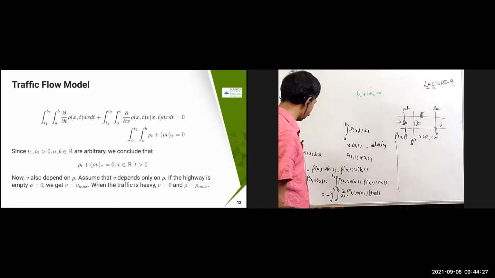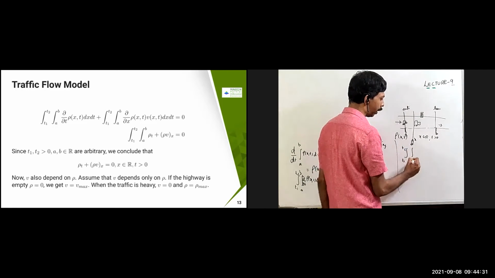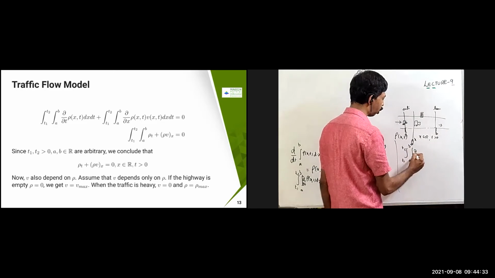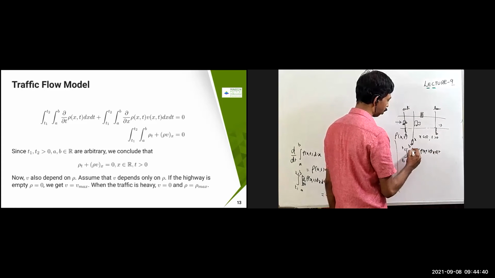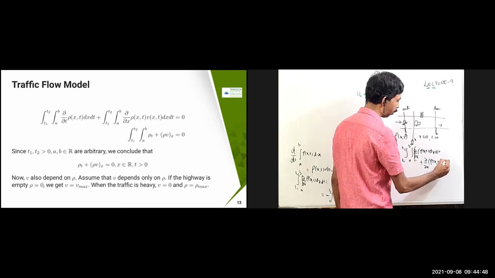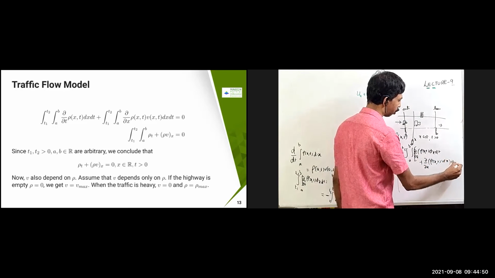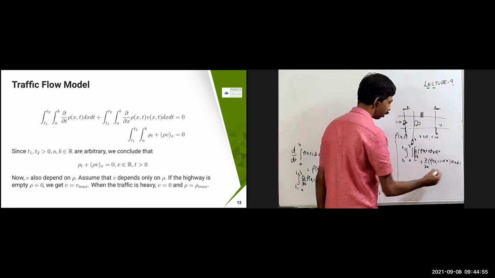So what you are going to have is the integral from t1 to t2, the integral from a to b, of the partial derivative with respect to t of rho(x, t) plus the partial derivative with respect to x of rho(x, t) v(x), dx dt, equal to 0.